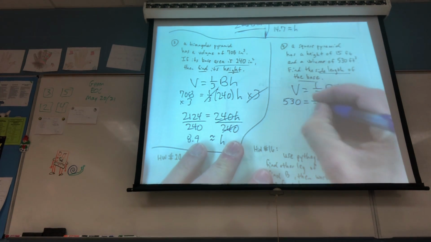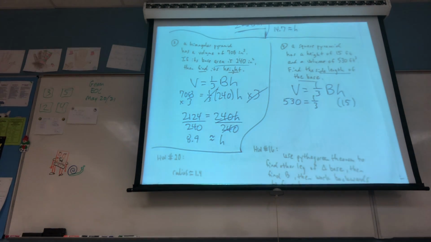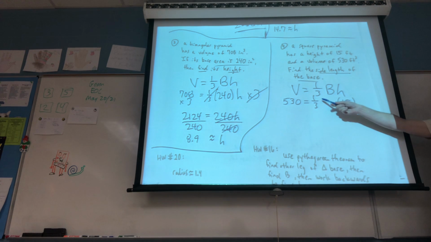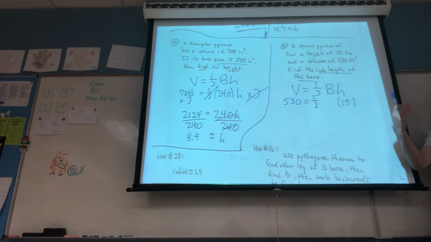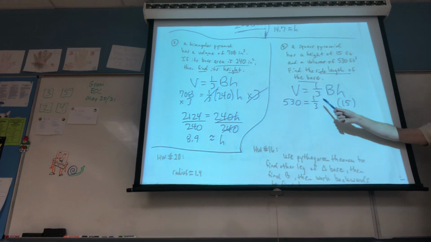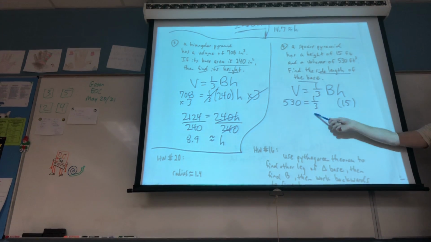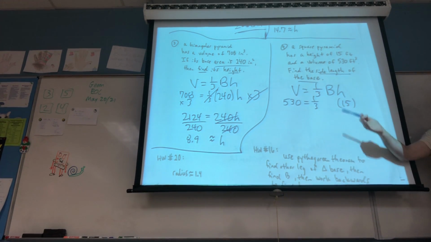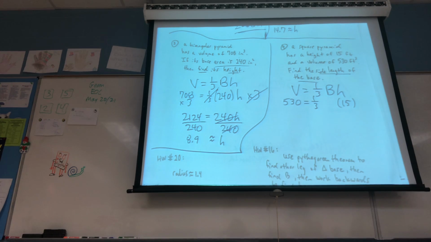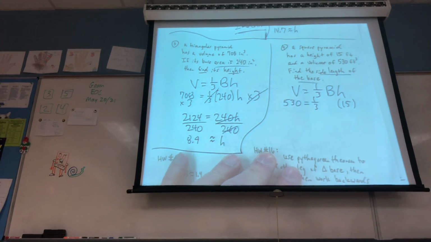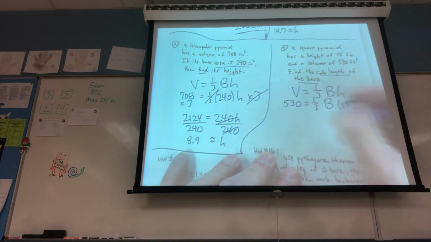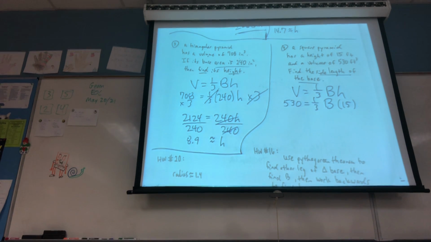The 1/3 is 1/3. Now look, 1/3 of 15 is a nice whole number, so if you want to multiply those and call it a 5 at the beginning, you can do that if you want. Now, the capital B we're not given, so we're going to have to get that.